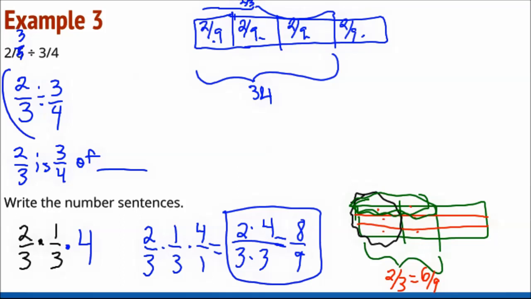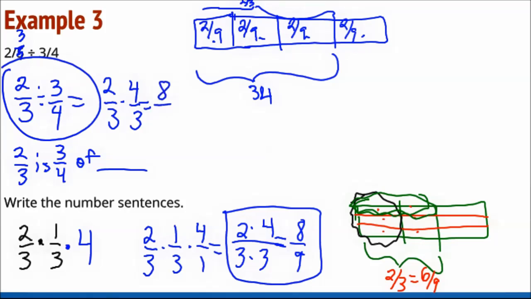So right up here, if I am to use the multiplicative inverse, 2/3 times 4/3, 8/9. So a nice little connection there between our division expression and our multiplication expression.